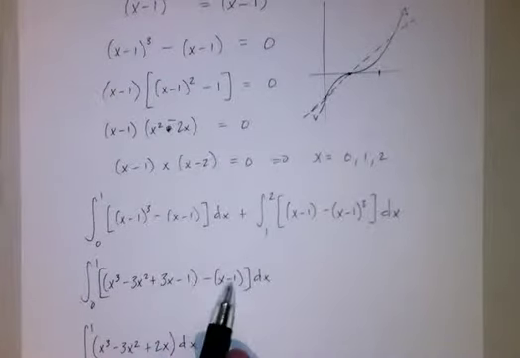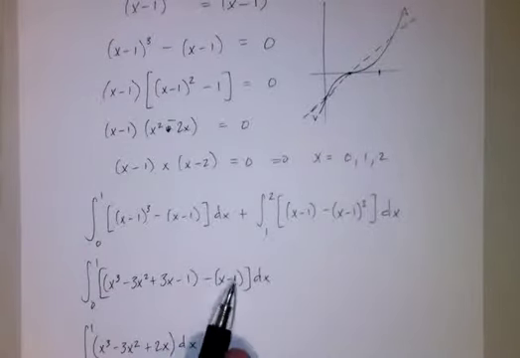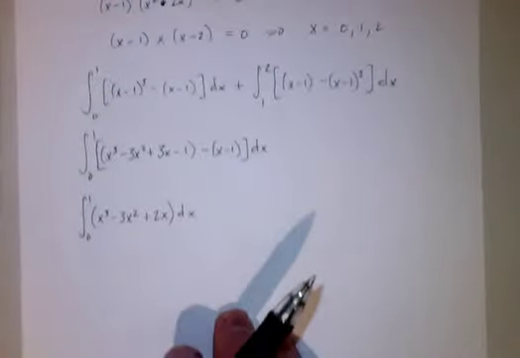Because when I distribute this negative, I'm going to get 3x minus x, and then minus 1 plus 1, right? That becomes a plus 1 once I distribute the negative. And so the constant term drops out.